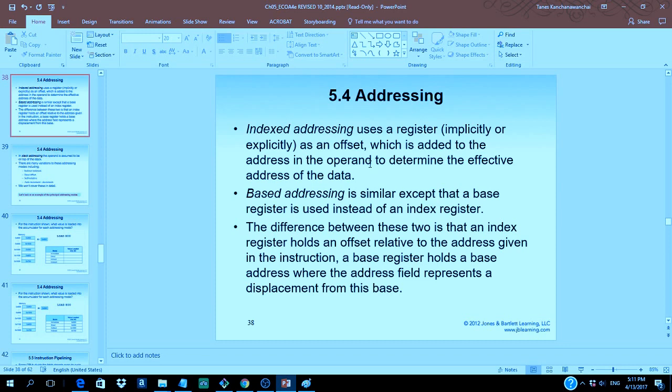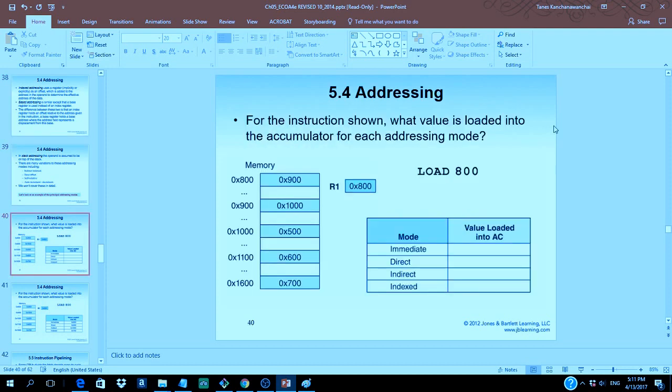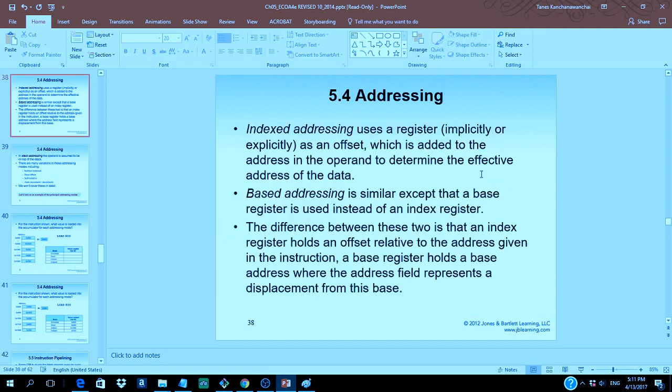So which one is it? Which one is an offset? Uses a register as an offset. So the register as an offset is this guy, which is 800, which is added to the address in the operand.